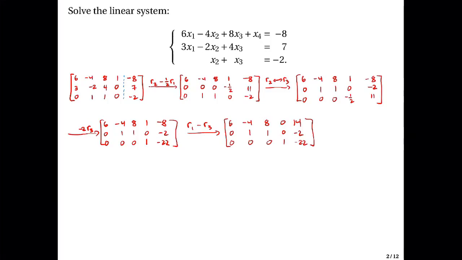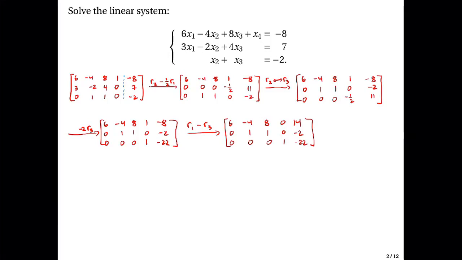And now if we divide row 1 by 6, we still have a fraction in here. So let's skip that first. So what we're going to do now, since all the entries above this leading one here are 0, we now go to 1 row higher.